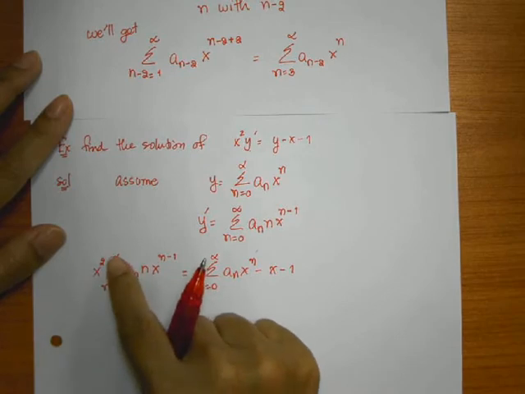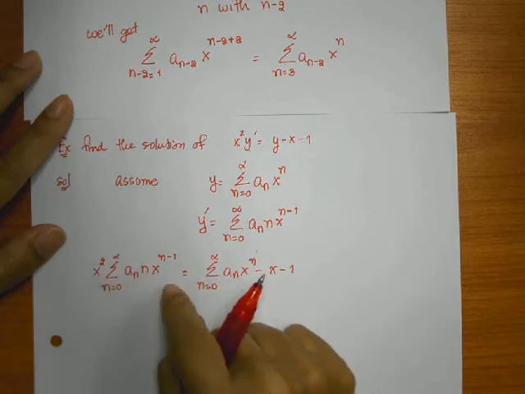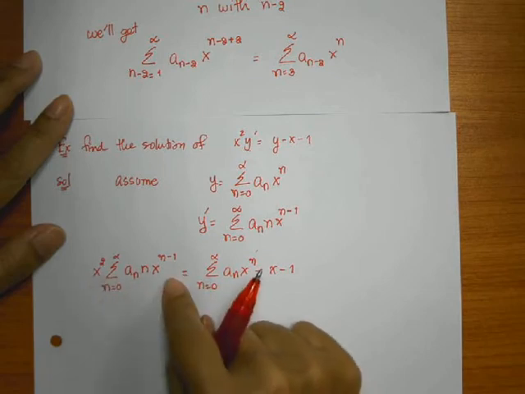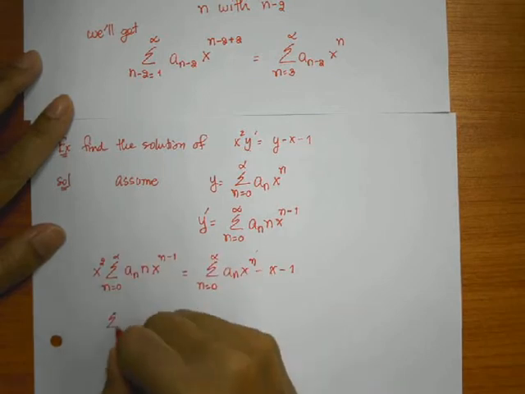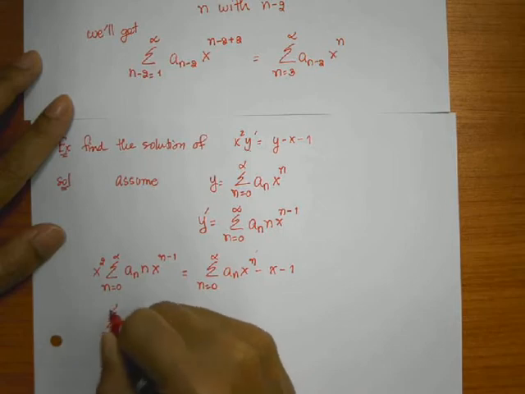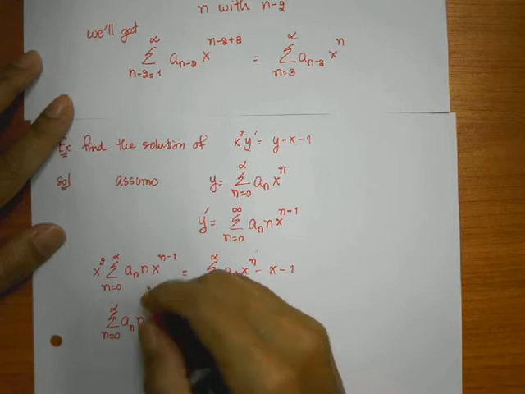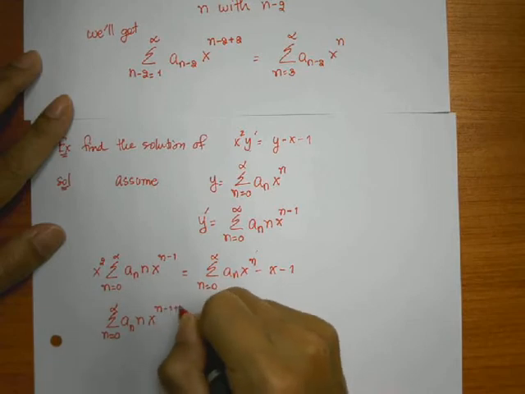I have x squared here, I have x to the power n minus 1 there, so I just put x squared into the summation sign. What do I get? x to the power, right?